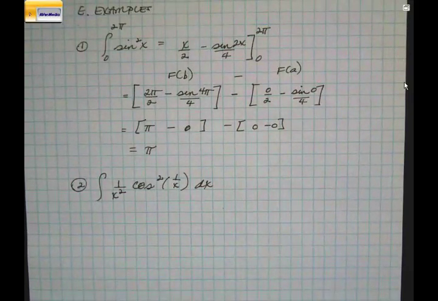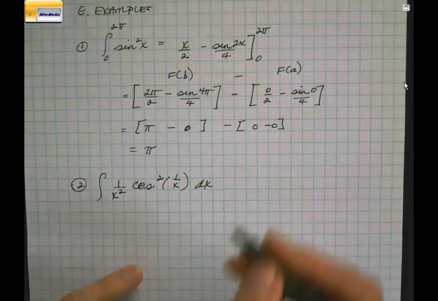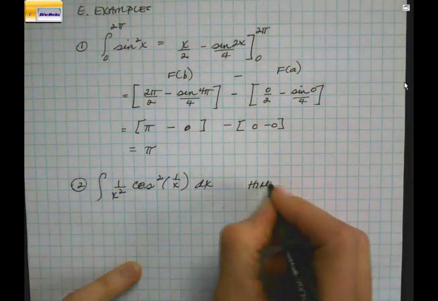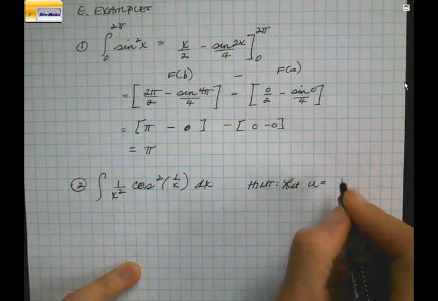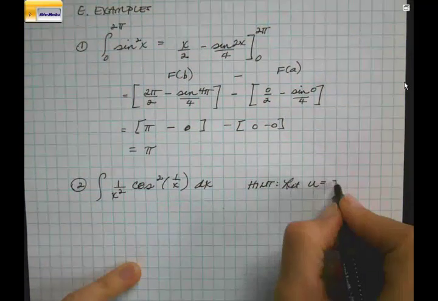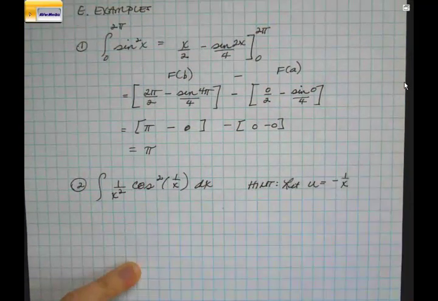Okay, we got a formula for the integral of cosine squared of x. This 1 over x business is not good. Okay, and guess what? On this one, they do give you a hint. And they might give you some hints on some of the harder ones. But the hint is to let u equal a negative 1 over x.